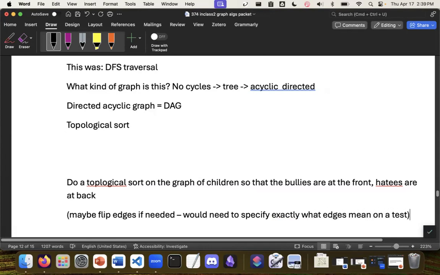So if this was on a test, you would need to say, here's what the edges are. So Susie hates Jim means the edge goes Susie to Jim or Jim to Susie. That's a choice that you make.